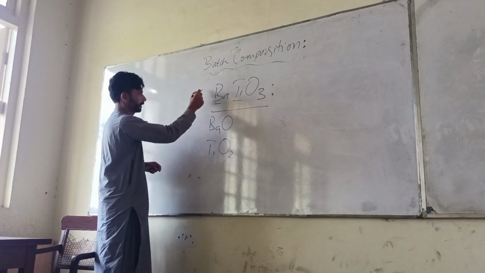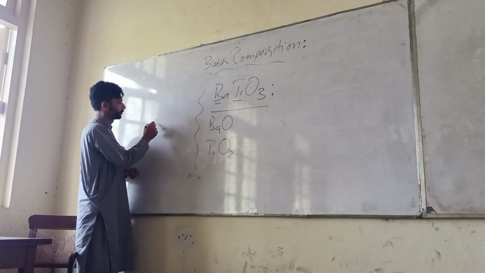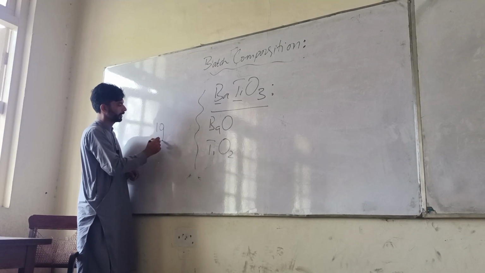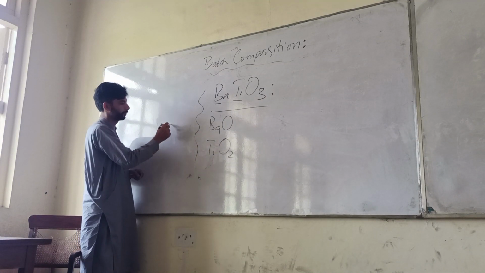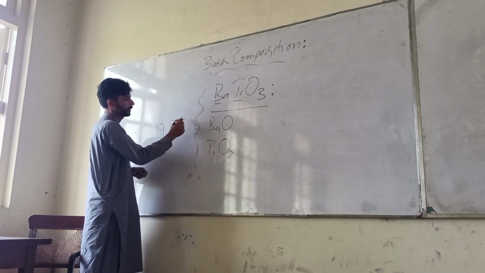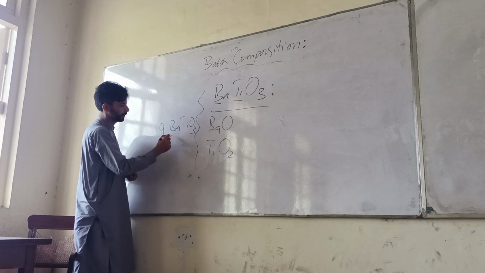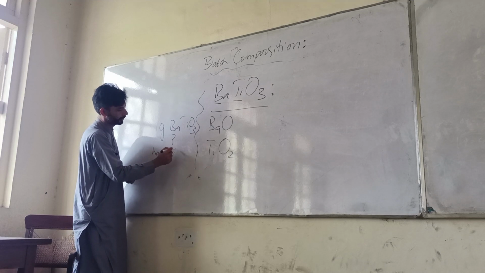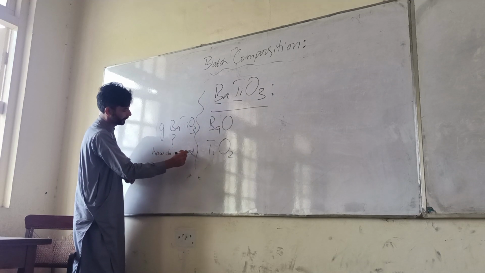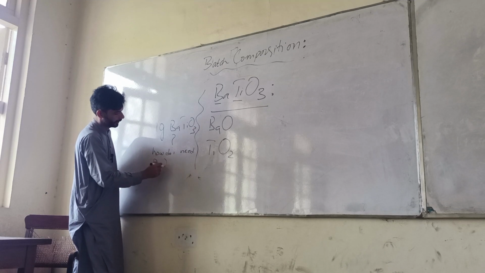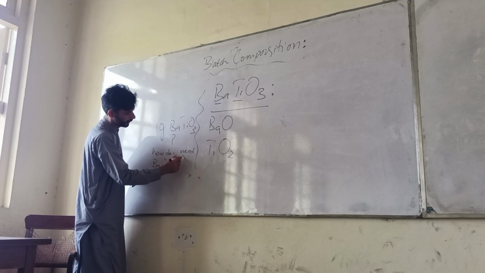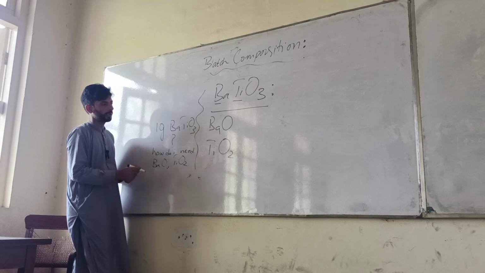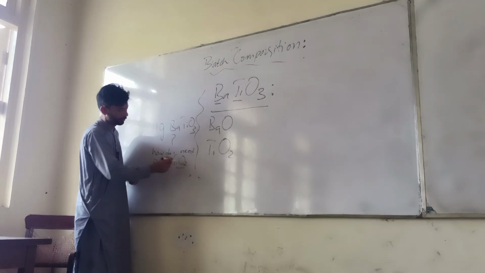Actually, if I wish to synthesize 1 gram of barium titanate, the question is, how much barium oxide and titanium oxide do I need? Now we are going to calculate those amounts.